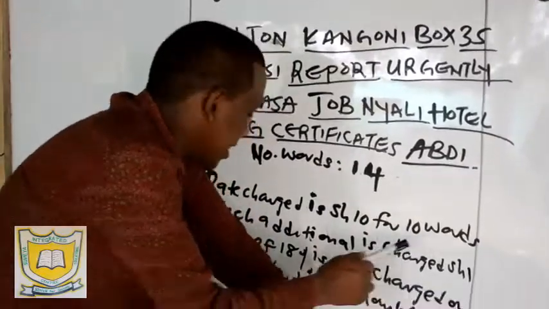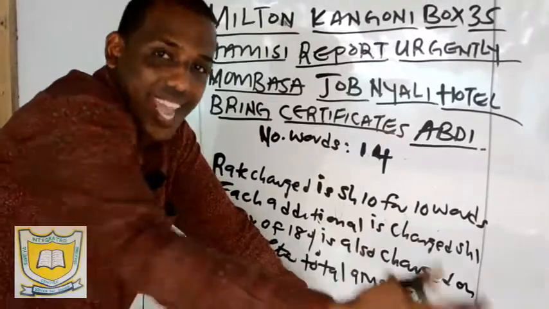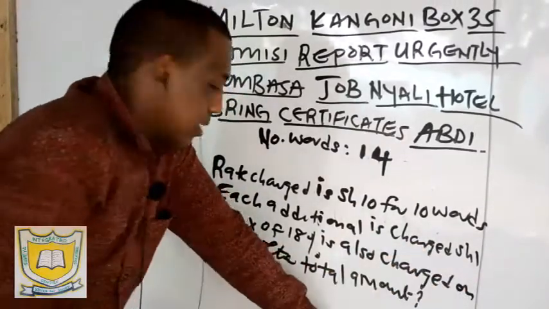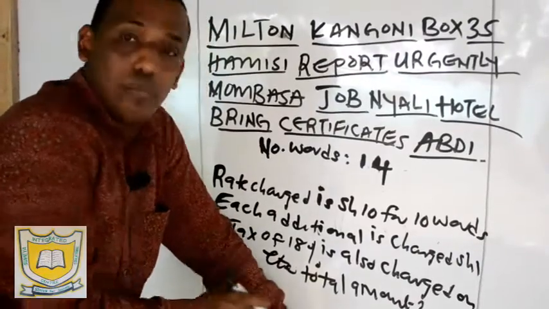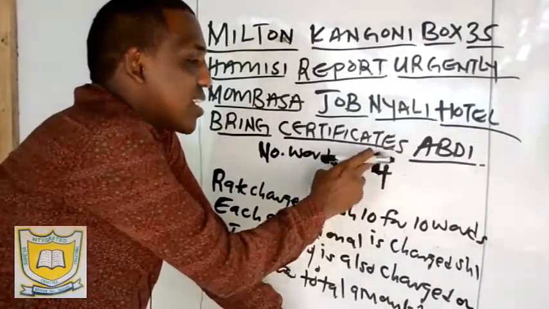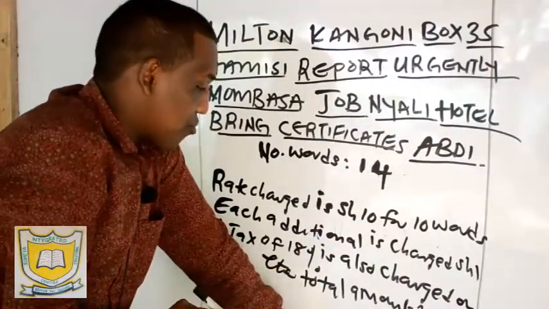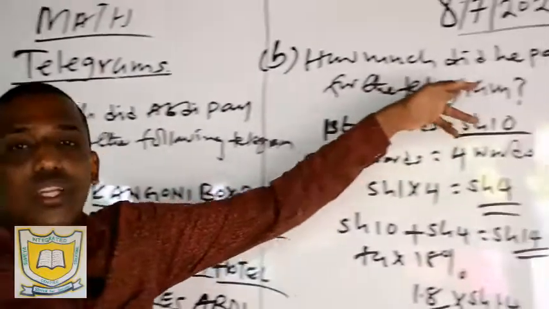Each additional word, each extra word after 10, is charged at shillings 1. A tax of 18% is also charged on the total amount. So there are 14 words, extra words after 10, 4.